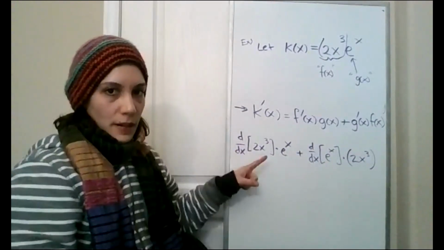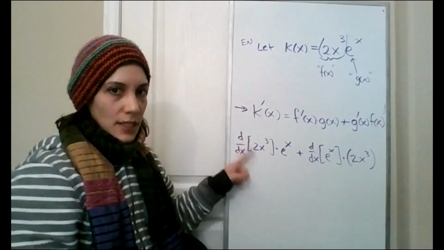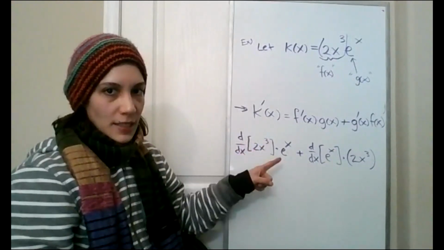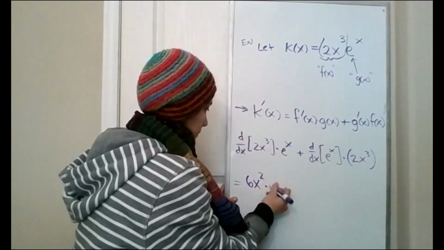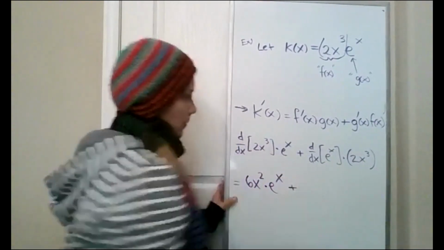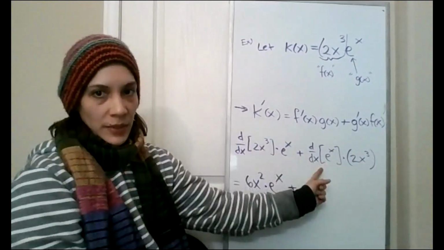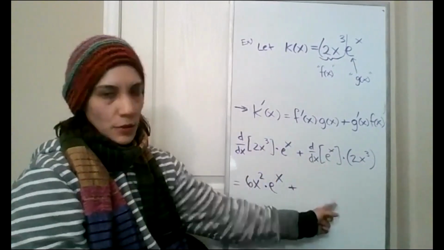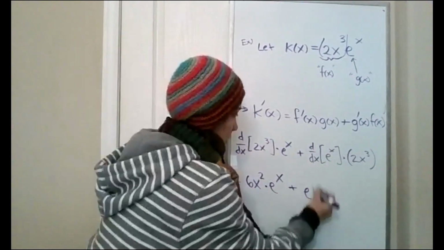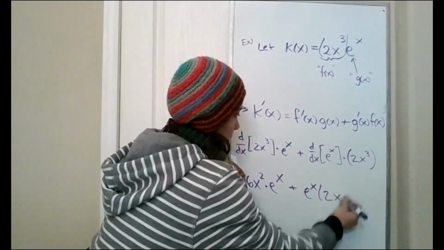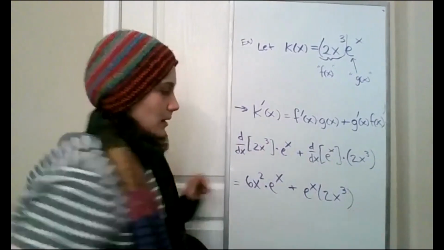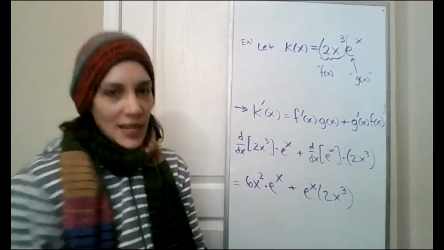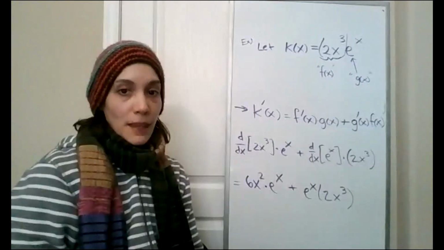Okay, power rule, 6x squared times e to the x. And then derivative of e to the x is e to the x multiplied with 2x cubed. I'm just going to leave it like that.